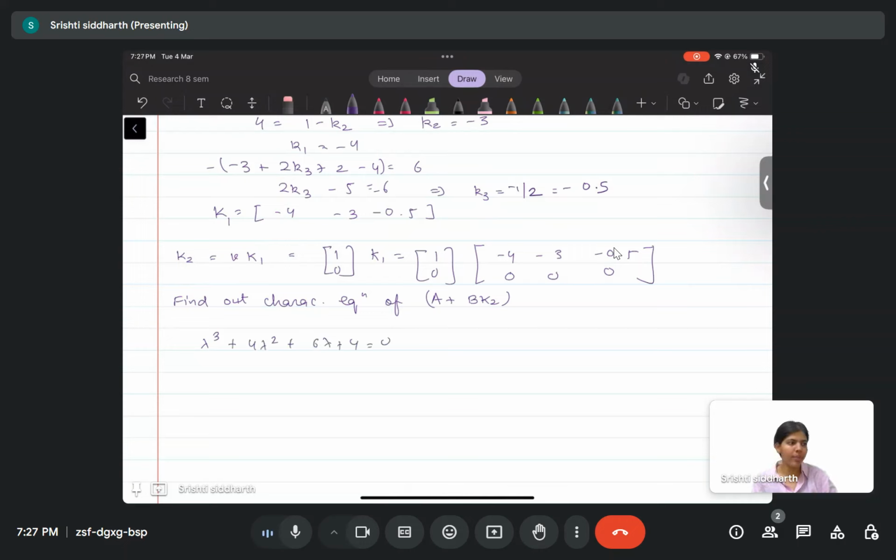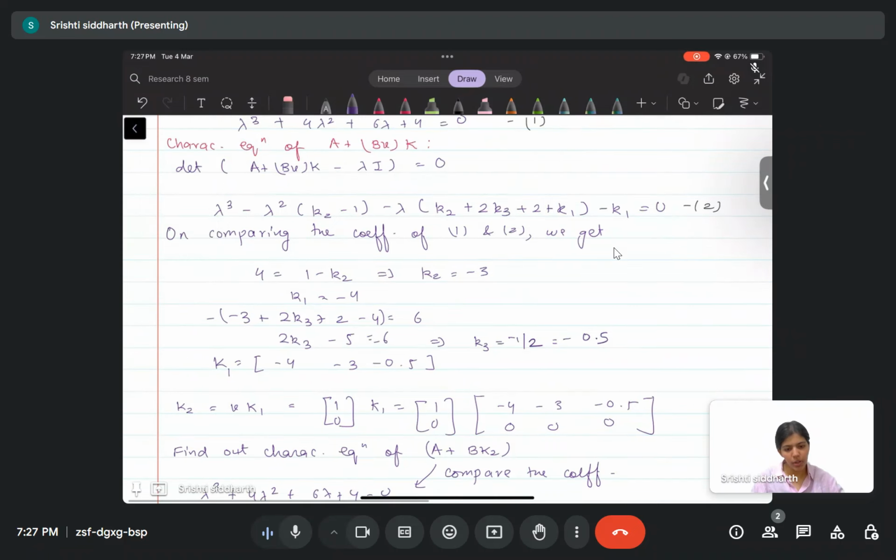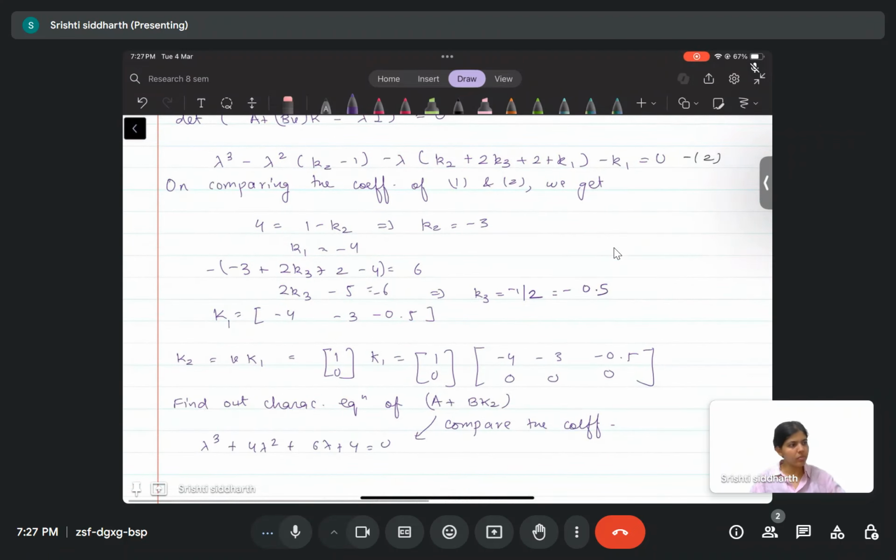This was the desired one. And you can compare the coefficients to find out whether A plus BK2 has the same eigenvalues or not. So these are the same because we have designed it such that A, BV is controllable, and then it will match the coefficients for one and two.